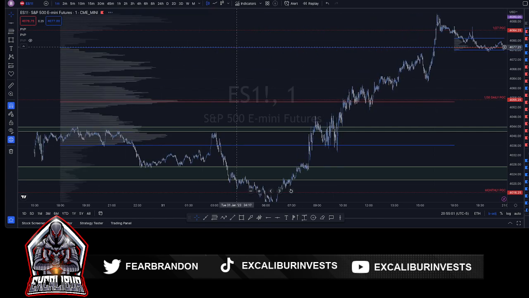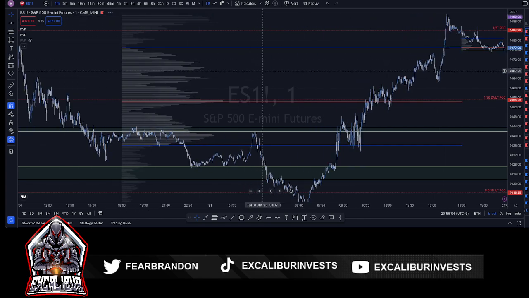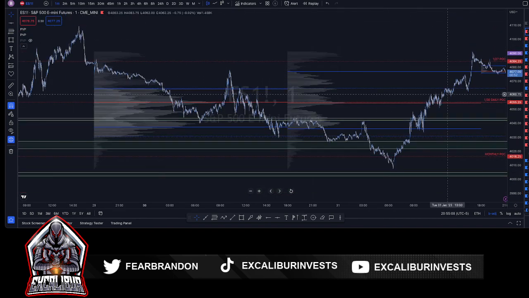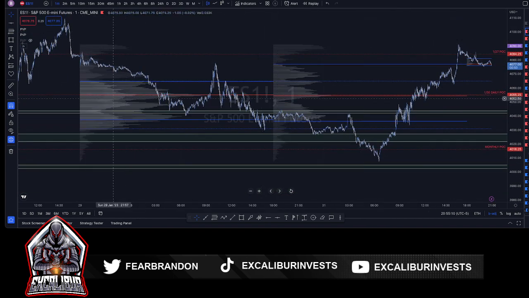So, looking at these key spots definitely helps. Analyzing volume profile, I'm pretty sure, is very, very important. And going day to day, just marking up yesterday's POC, previous day POC, current weekly, current monthly.